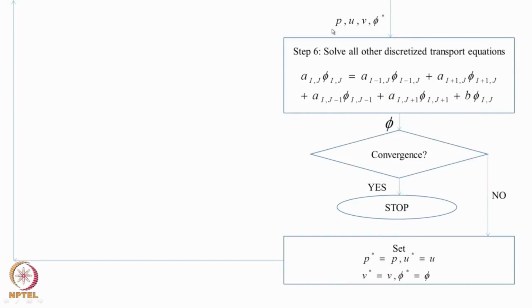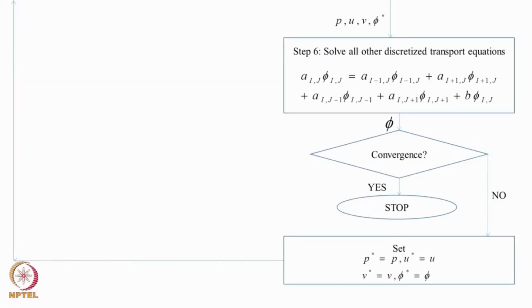This is followed and you get P, U, V and any other scalar. For any other scalar phi, again you solve the discretized form of the transport equation for the variable phi, and you check for convergence and stop if convergence is satisfied.